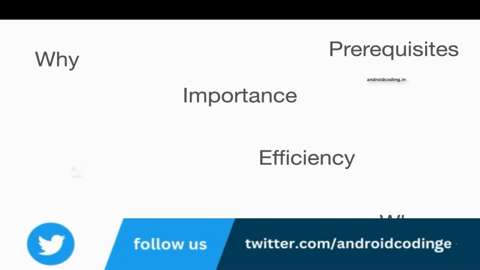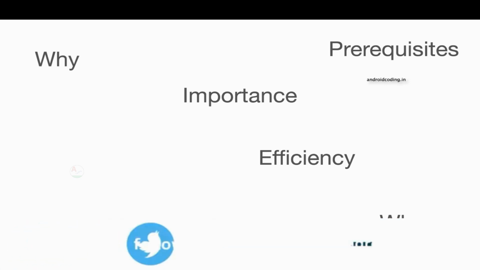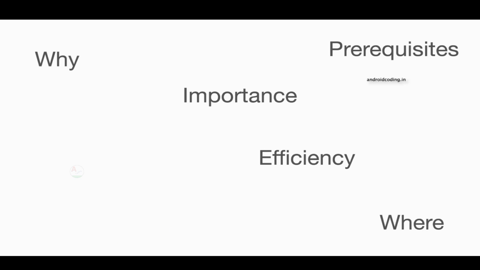For example, in a C program, you need to provide a message to the user like printf, enter the values, and through scanf you accept those values and store them into variables, then add them up, store the result in a variable and print the result. So here we are thinking in a programmatic way, not a simple way like 1 plus 1 is 2. We are going in a procedural way.